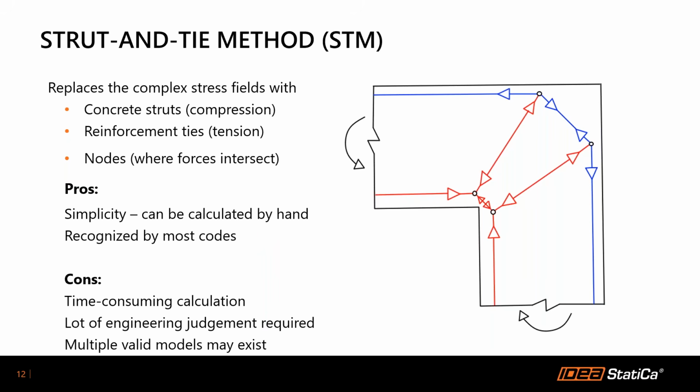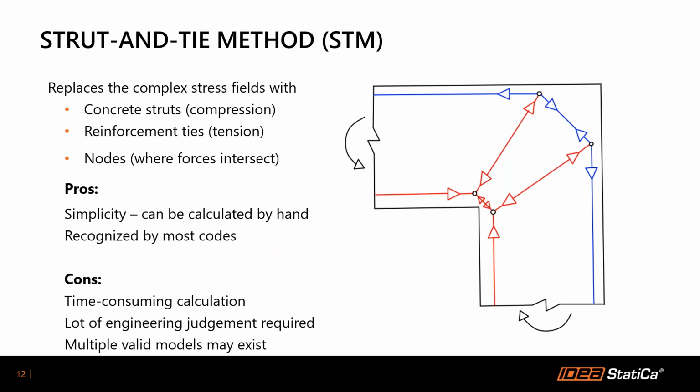In the places where these struts and ties intersect, there are nodes. The main advantage of this method is its simplicity, so it can be calculated by hand. And the method is also recognized by most codes.